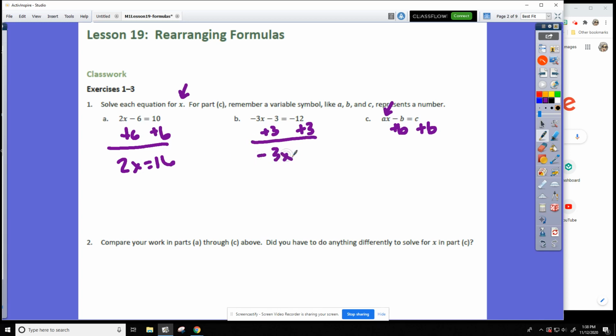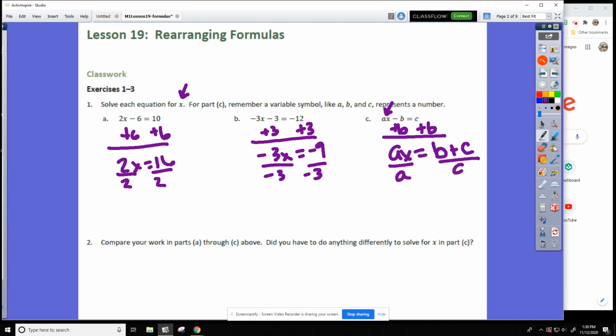Negative 3x equals negative 9. Ax equals, now these are two different variables, so I have to write them separate. So instead of writing like a column, they become horizontal. Now this first one, we're going to divide by 2. This one we're going to divide by negative 3. And this one is not a number, but still a coefficient.